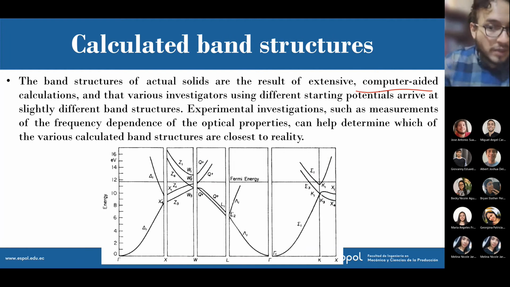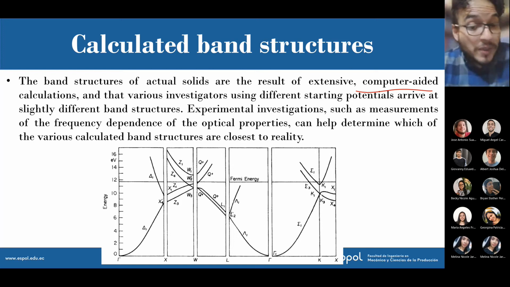As it says, these are all computer-aided calculations, and investigators use different starting potentials and potential energies. You use the Schrödinger equation, okay, and boom, plot that, and you get something like this, right?